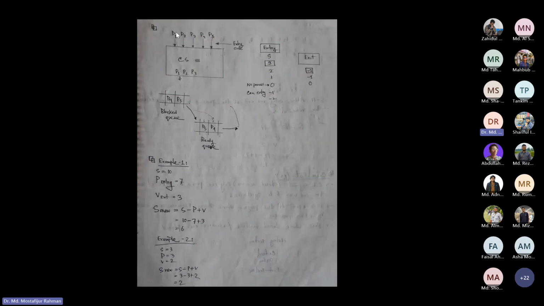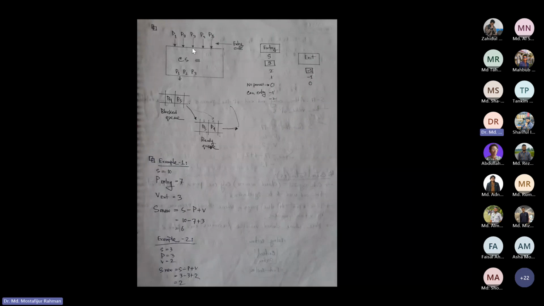Otherwise, it takes entry into the critical section. That means P1 can get entry into the critical section, and now the value of the semaphore is 2.